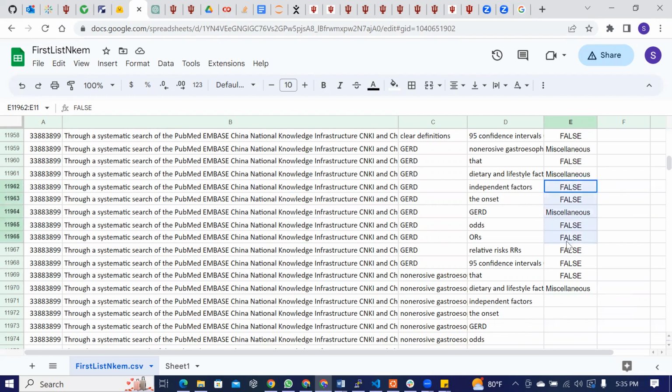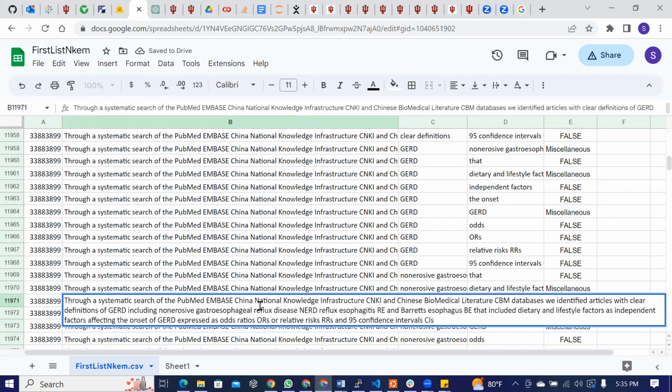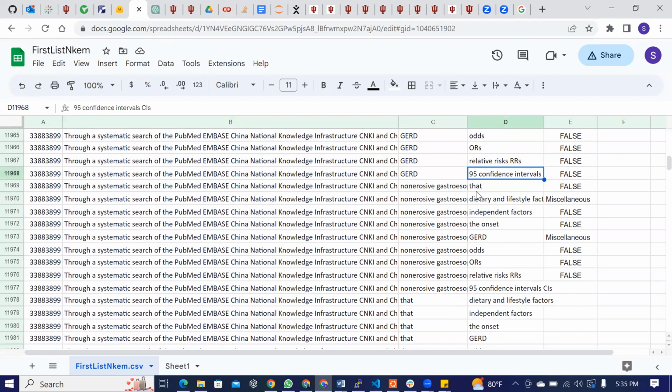It follows the same flow because we're talking about GRD including NERD. English is like math; there's a principle to the English language, so it almost works that way, which makes it very easy for us to evaluate.